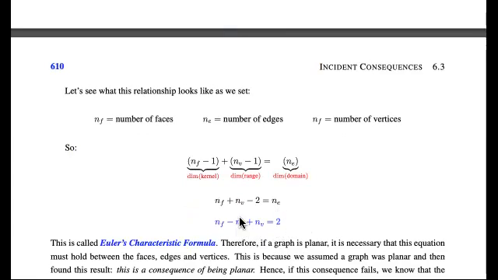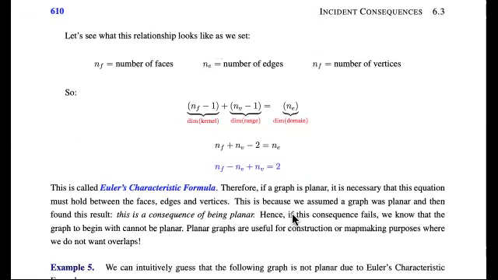So if this condition fails, then you know it's not planar. If it is planar, this works. And if this doesn't work, then it's not planar. Notice we haven't said anything else. Those are the only 2 statements we've said. It doesn't cover all cases. That just covers the case that if it's planar, it's true, and if it's not true, then it's not planar.